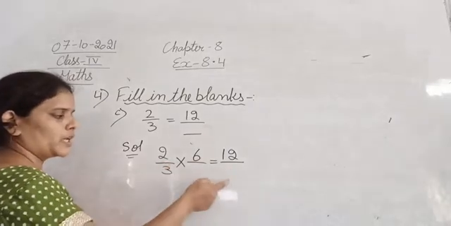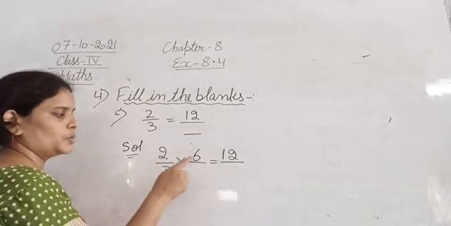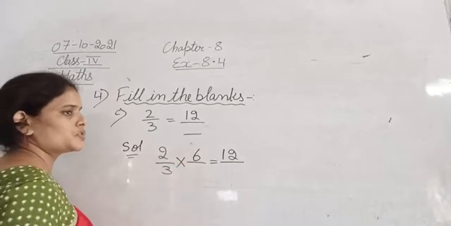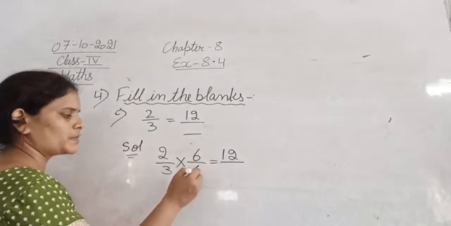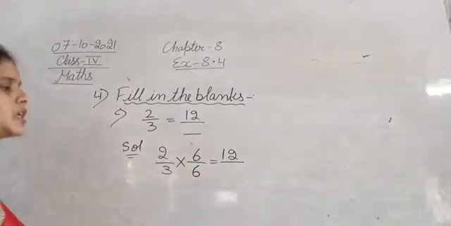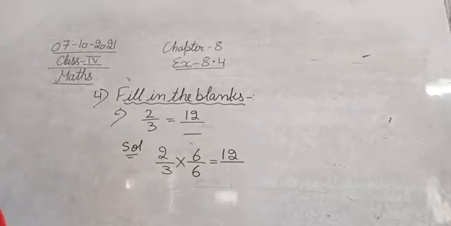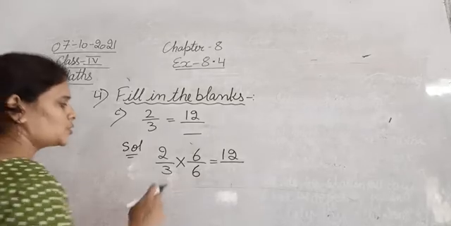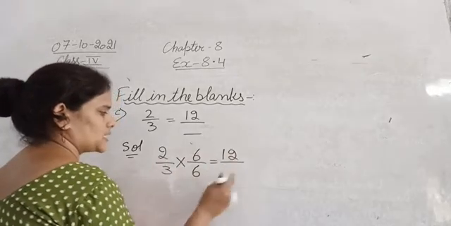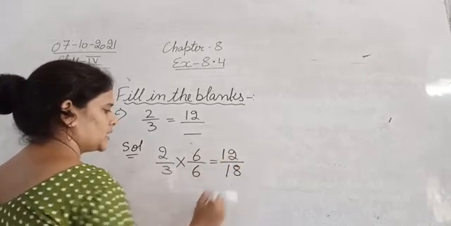They both are equivalent fractions. So that means if the numerator is multiplied by 6, the denominator will also be multiplied with the same number, that is 6. So 2 upon 3 multiplied by 6 upon 6. That is 2 sixes are 12, 3 sixes are 18.